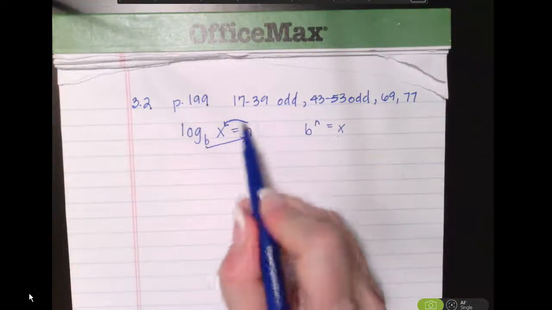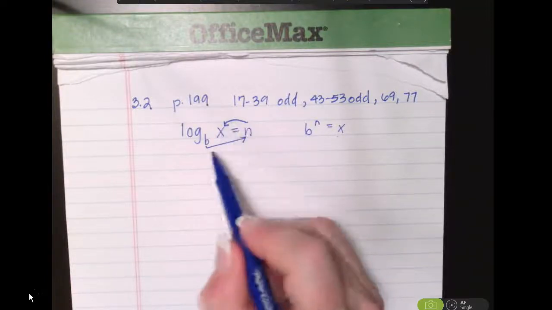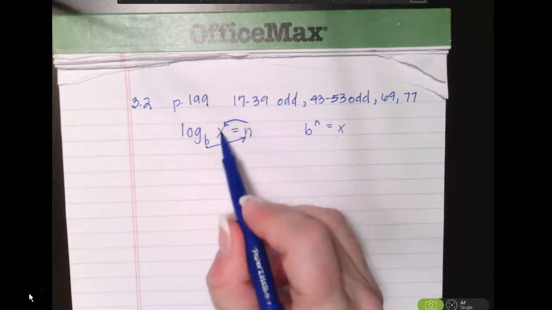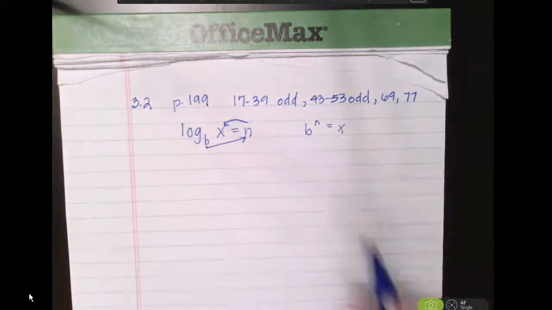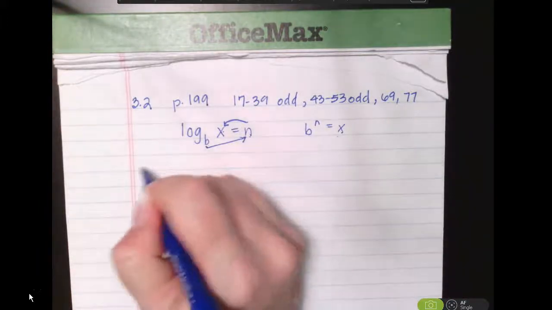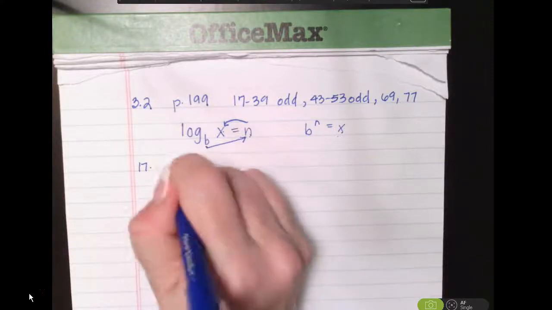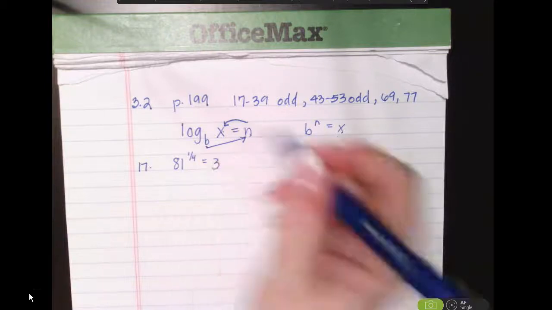It's not even really a triangle, it's sort of a circle that I visualize: my base to my power equals my answer. So in number 17 we're given 81 to the 4th power equals 3.